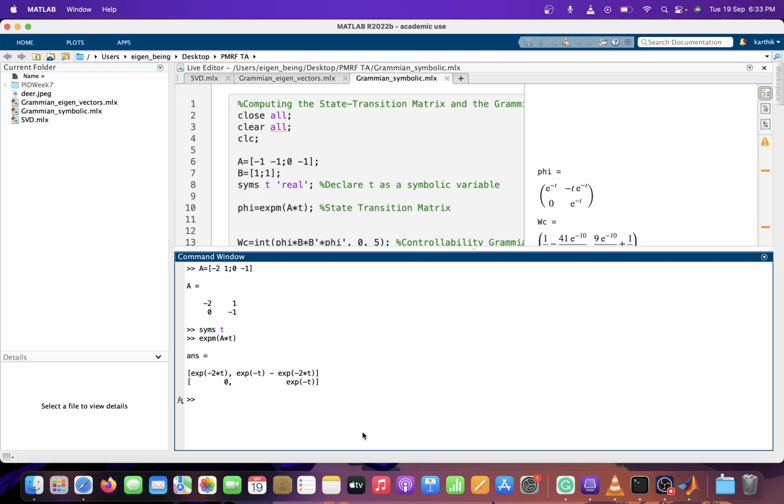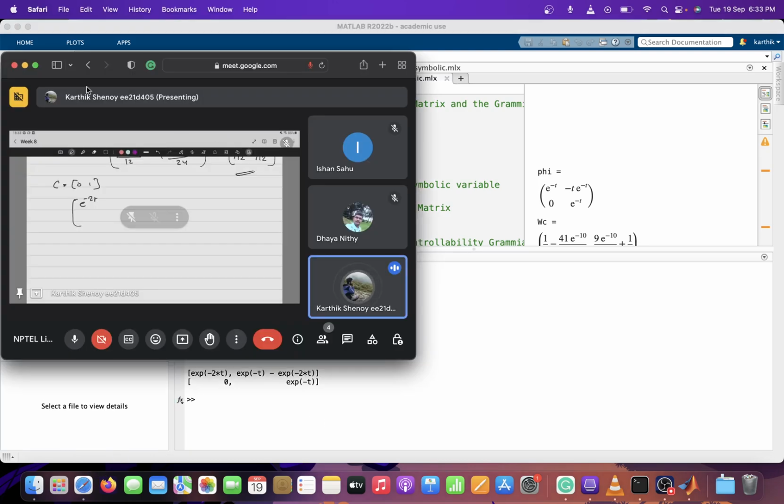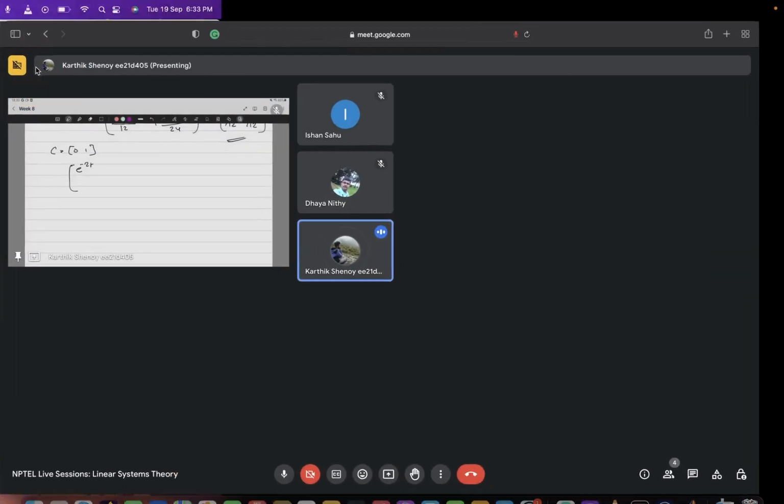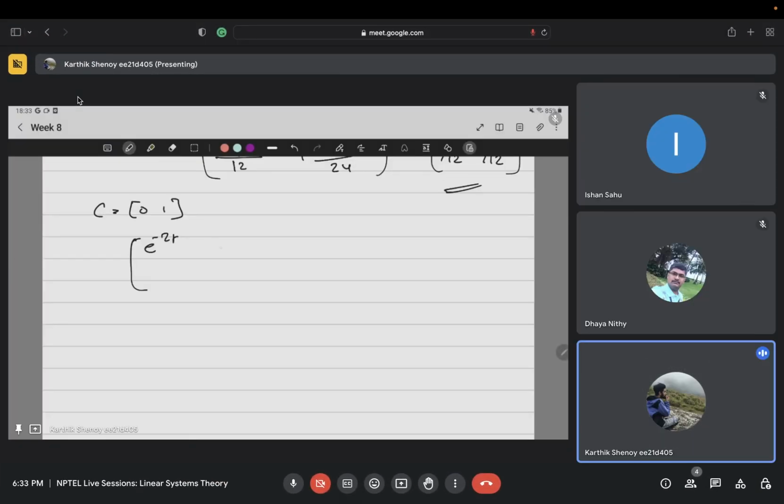Okay, let's just assume e raised to minus 2t. Anyways, if someone has calculated, then you can unmute and say, or else we'll continue. e raised to minus t minus e raised to minus 2t, 0, e raised to minus 2t, 0, 1, 0, 1. This is a transpose here, right?